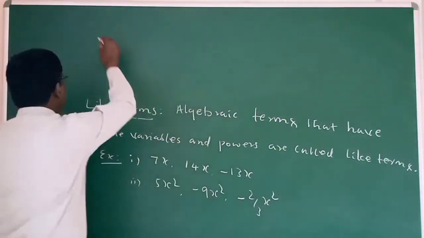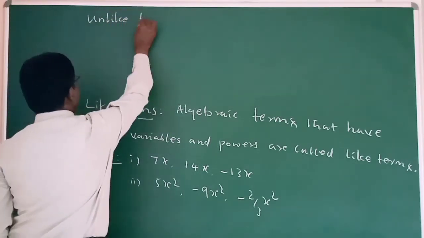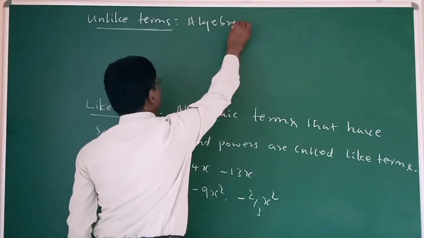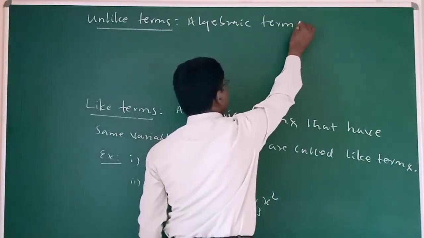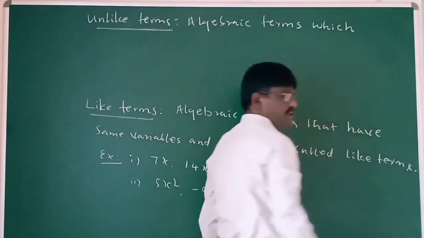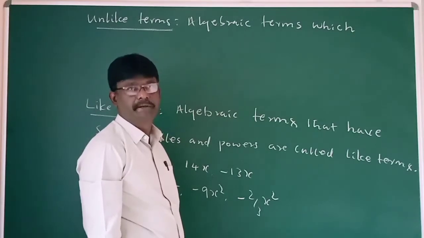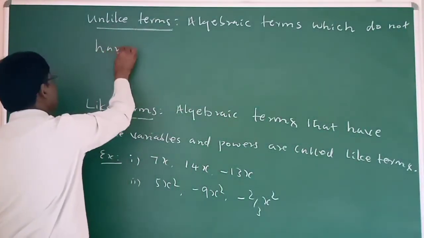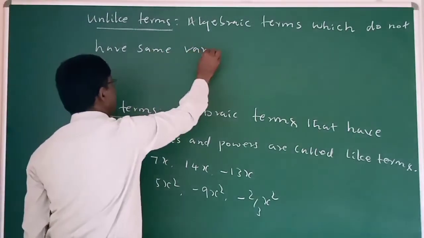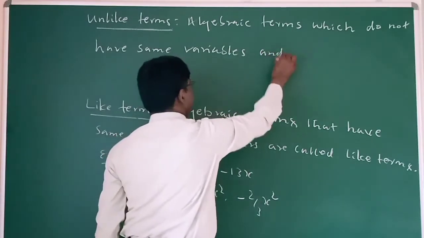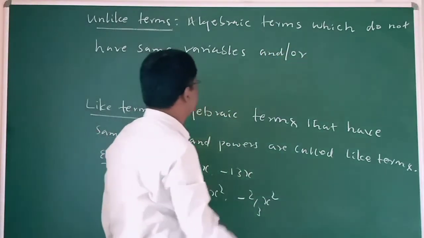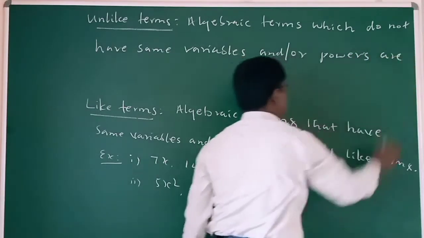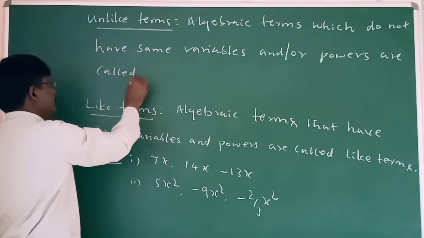What are unlike terms? Unlike terms are algebraic terms which do not have the same variables, or are not the same powers, are called unlike terms.